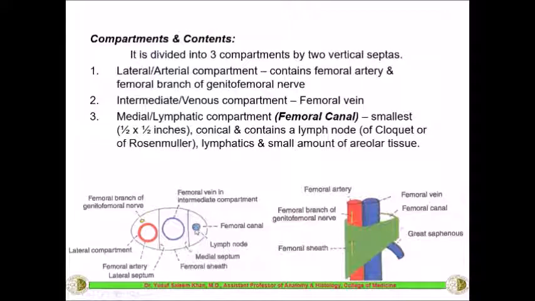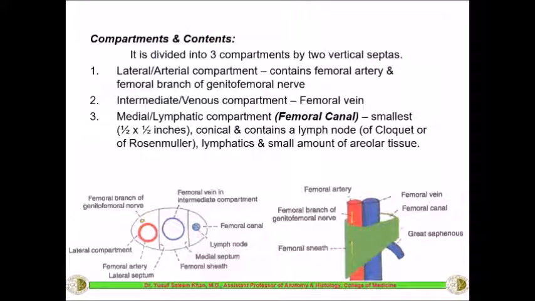So this is also called as the medial compartment, or also called as lymphatic compartment, because of the presence of small group of lymph nodes. Even though this compartment is empty, this is the most important compartment of all these three, because this is clinically important. This compartment is also called as the femoral canal.